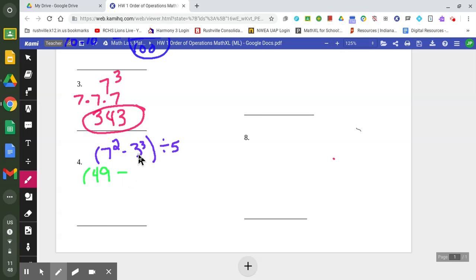And remember, that means 3 times 3 times 3, which would be 27. And then we have the divided by 5. So then in the calculator, you can do 49 minus 27, and that gives you 22.